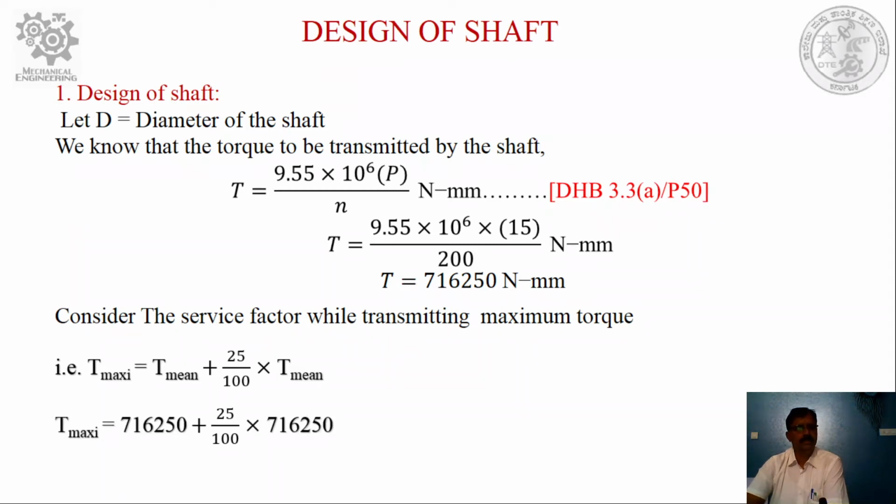Now after substituting the T mean in the above equation, finally we got the maximum torque to be transmitted, that is equal to 895,312.5 Newton millimeter. Use this maximum torque to design the shaft.